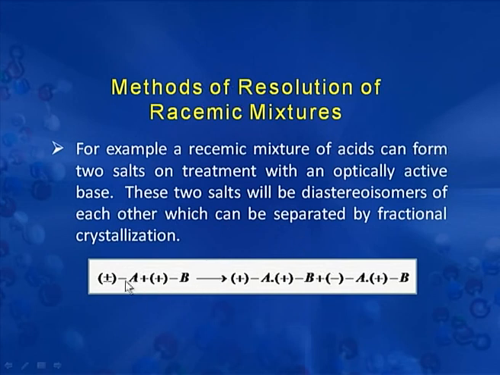Similarly, we can use this process for a mixture of bases also. In that case, we will use one isomer of an acid, or this can be used for other types of compounds; we can even form esters. Suppose I have a mixture of this acid, I can use one pure enantiomer of an alcohol, let them react chemically to form the ester, and then later the two different esters, which are diastereoisomers, can be separated, and from them the acid can be recovered by the process of hydrolysis.